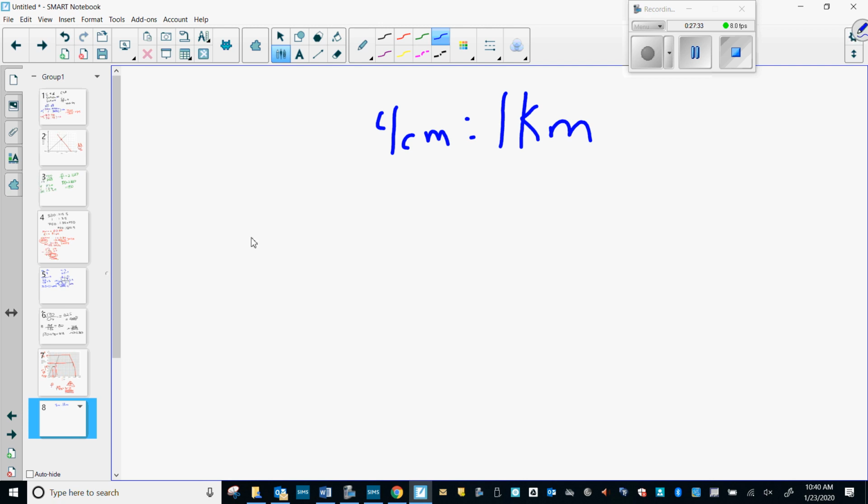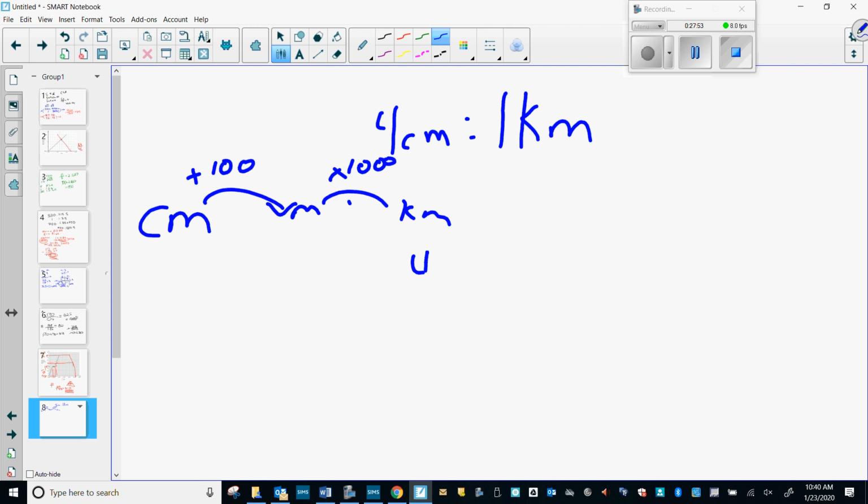Centimeters to meters is times 100, and then meters to kilometers is times 1,000. So that is 5 zeros, 400,000, to 1 kilometer. So we're looking at kilometers now.